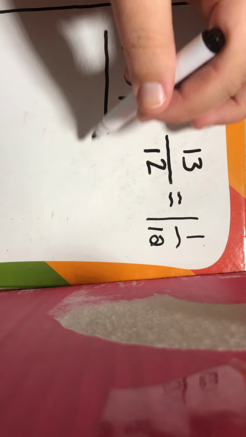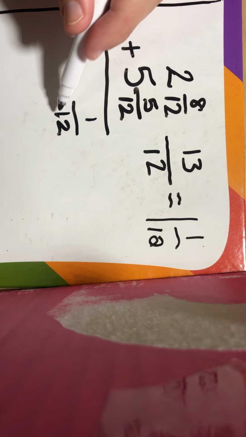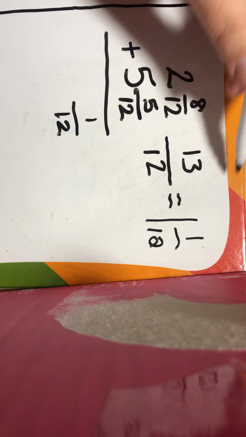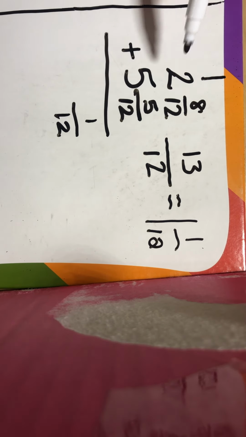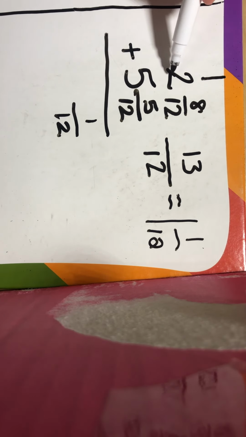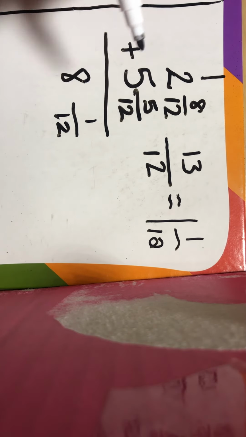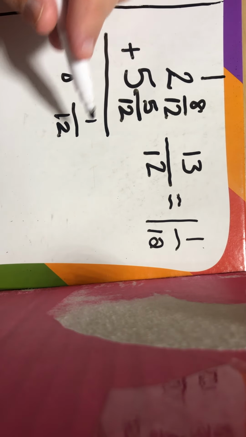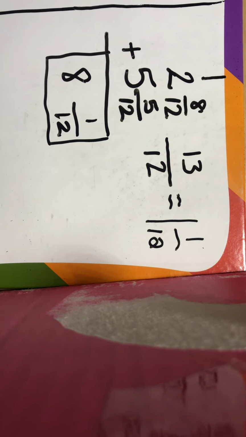And so we'll carry the 1/12 down here as the addition of our fractions, and then we're going to carry the 1 up here with the rest of our whole numbers. So we'll have 1 plus 2 plus 5, which equals 8. And because 1/12 is in its lowest possible form, 8 and 1/12 is our final answer.